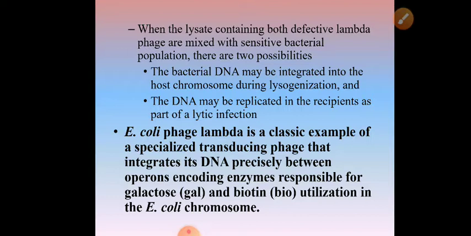That means it enters into the lysogenic cycle and the lambda DNA multiplies along with the E. coli DNA and is transferred to the daughter cells as if it is a part of the E. coli chromosome. This is an example of lysogeny. That means viral DNA integrated inside bacterial DNA multiplies along with bacterial DNA.